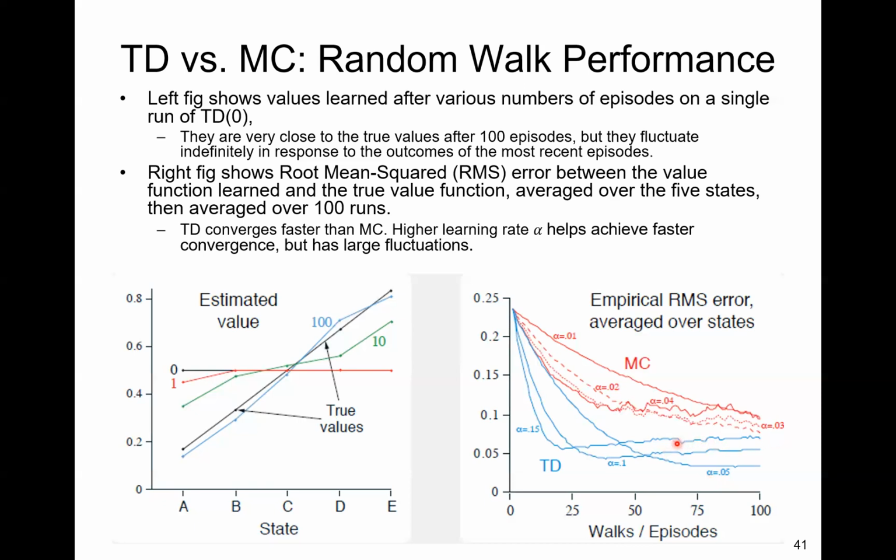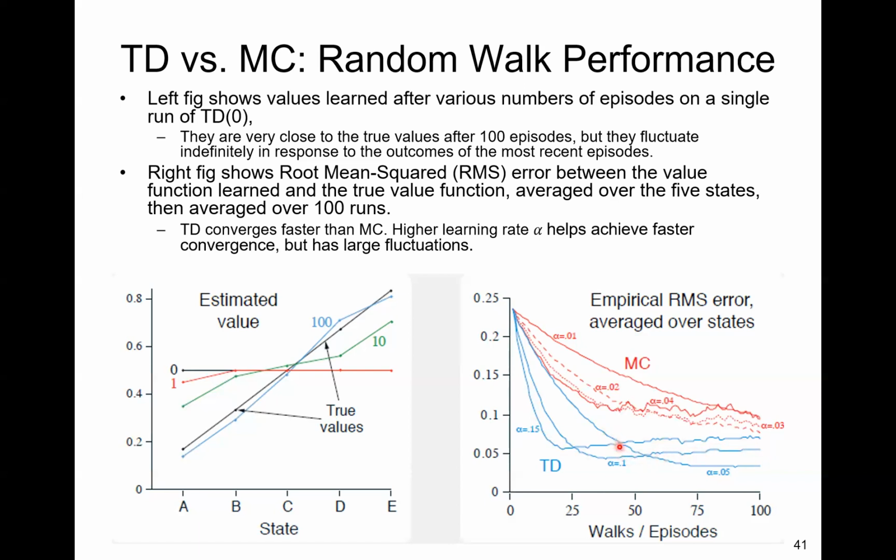Also, the vertical axis is the root mean squared error between the true value function and the value functions learned. With a large learning rate, you have a large RMS even after many episodes.